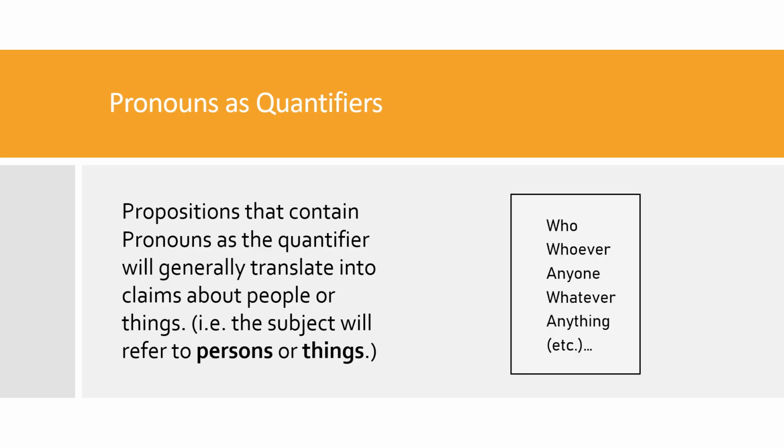The kind of phrases we're talking about are things like who, whoever, anyone, whatever, anything, that, and so on. When these things are acting as the quantifier of your subject term, notice what happens is we're going to get essentially some sort of quantifier, all, no, some are not, and then the subject term will refer to persons or things.